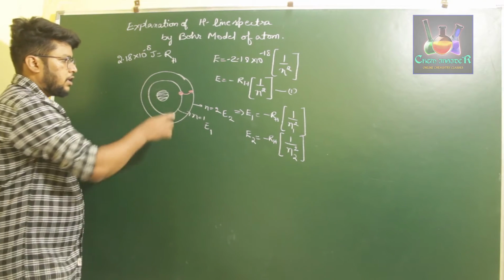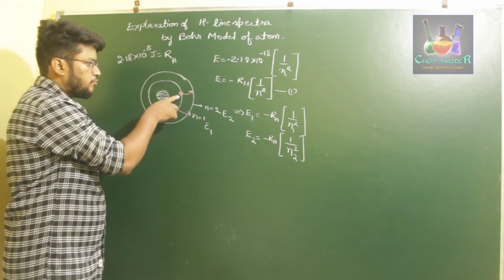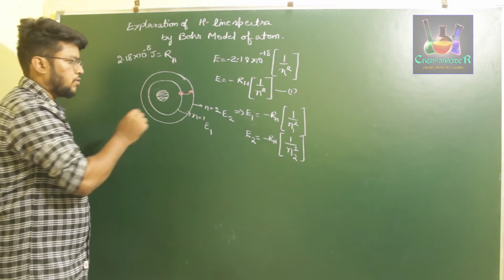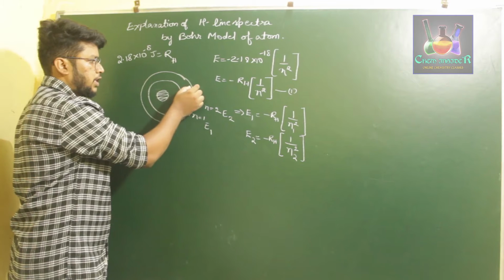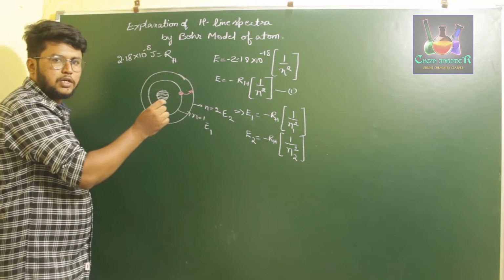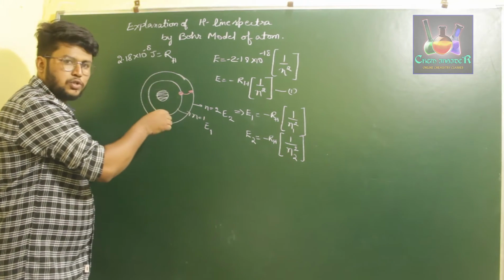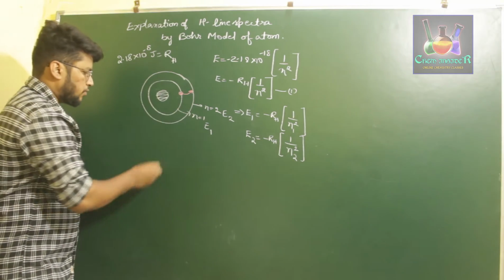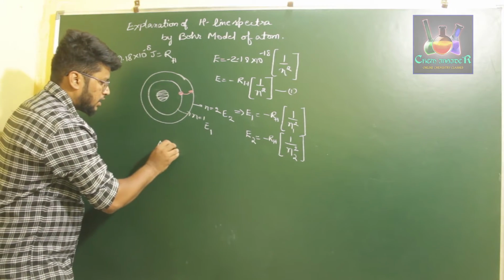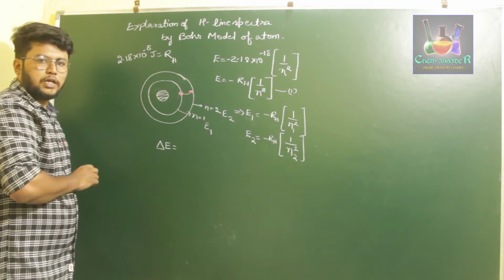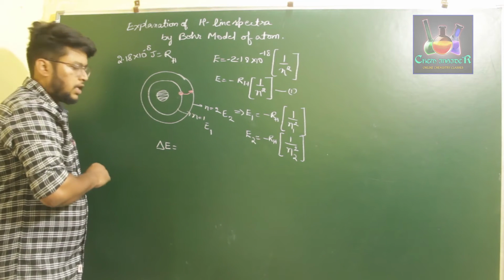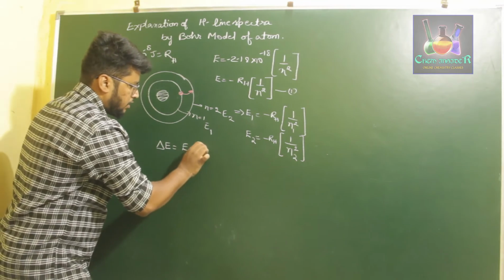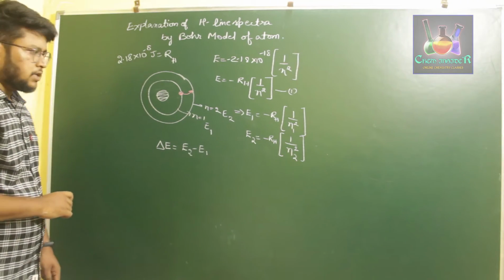The energy required for the electron to jump from E1 to E2 is nothing but the energy difference between E1 and E2. If the electron has to jump to E2, it has to gain energy, so that its own energy along with the energy gained equals E2. Therefore, if delta E is the energy difference between levels E1 and E2, it can be given as E2 minus E1.